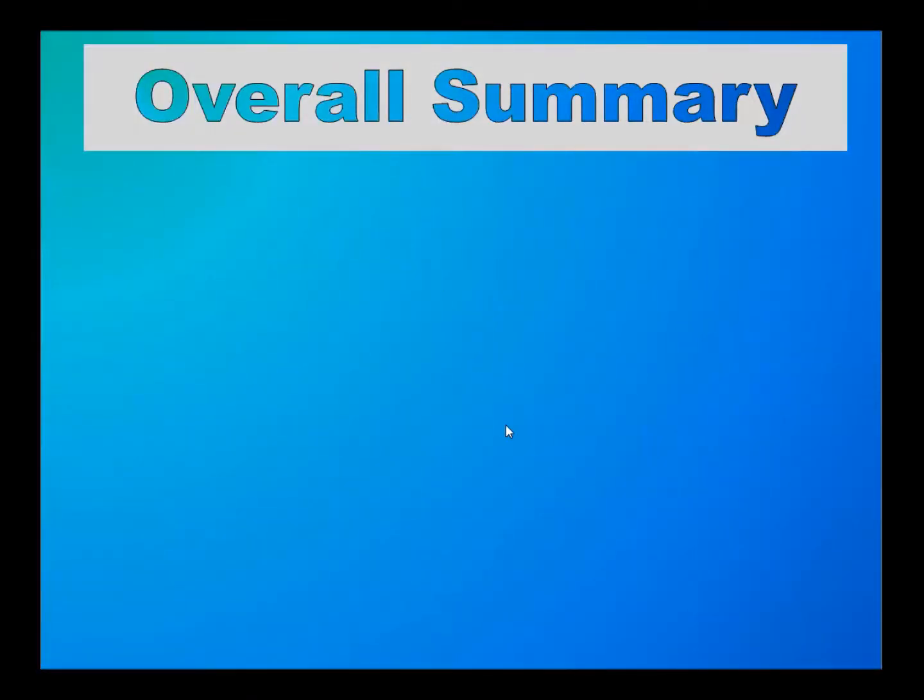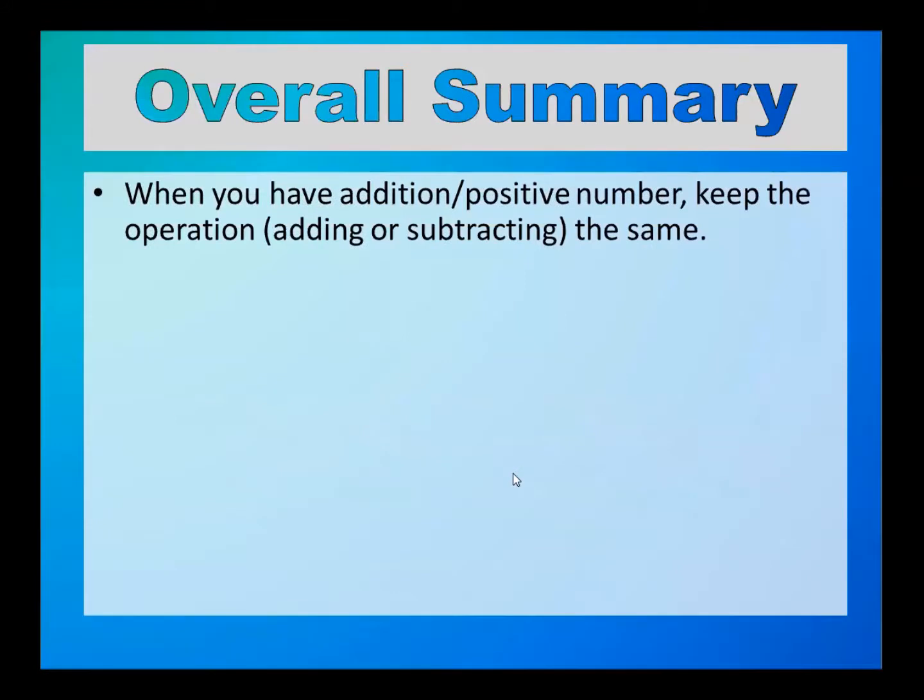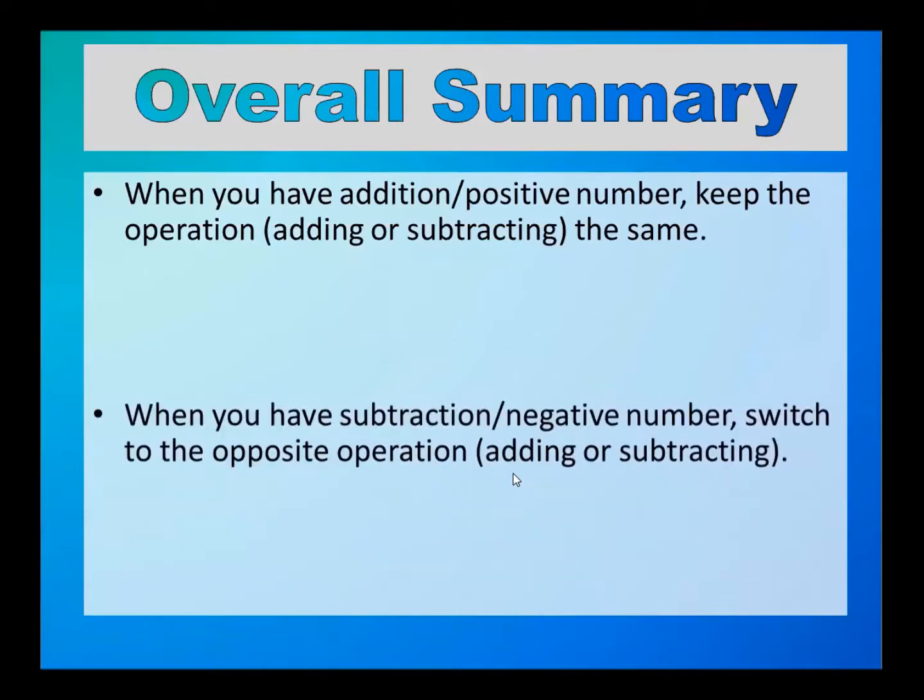So I would like to give the overall summary for this series of videos. First, when you have addition or a positive number, basically if you see the plus sign, keep the operation, adding or subtracting, the same. For example, if I have 5 and then I want to add positive 2, and I see the plus sign from the positive 2, it will not interfere with ultimately adding.